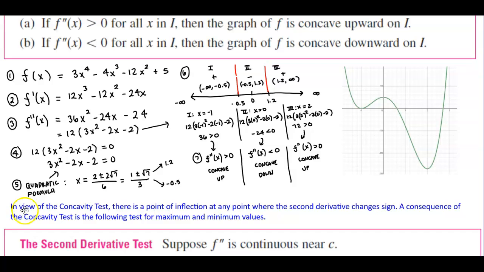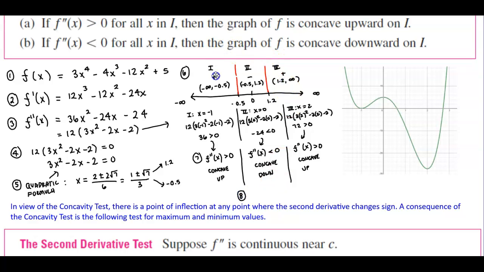So now this next statement, it says, in view of the concavity test, there is a point of inflection at any point where the second derivative changes sign. A consequence of the concavity test is the following test for maximum minimum values. So let's go back up here and then determine what are the inflection points.